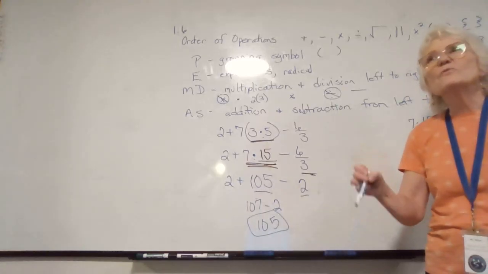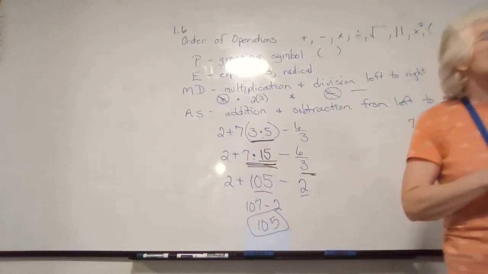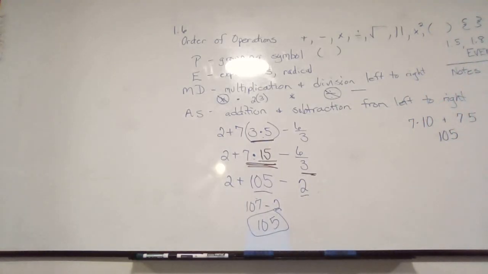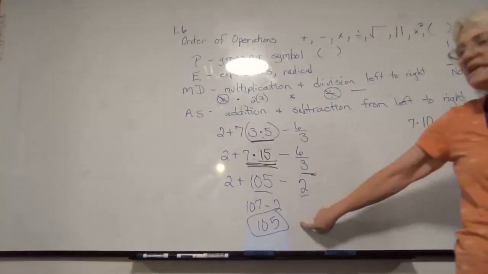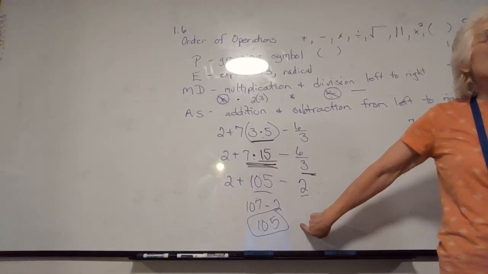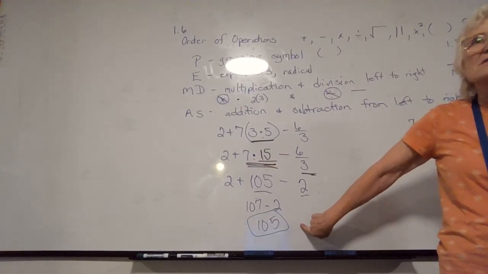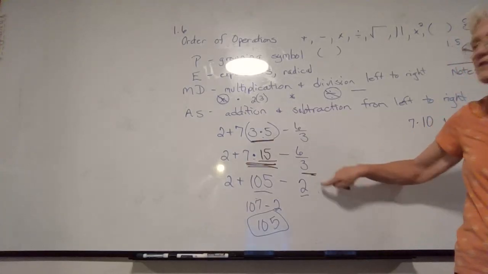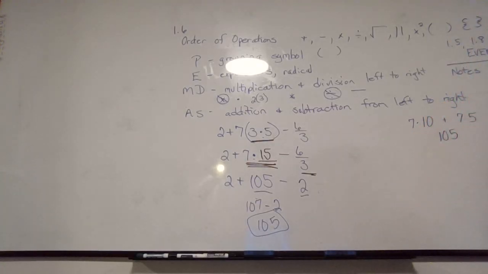So when you're showing your work, show me step by step. Do not go from here to here. I'll give you 1 point out of 4 for that, because I want to see the work to make sure you're getting the idea of how to do it. Later I'm not going to ask for every step, but right now I'm asking for every step so I can catch things.